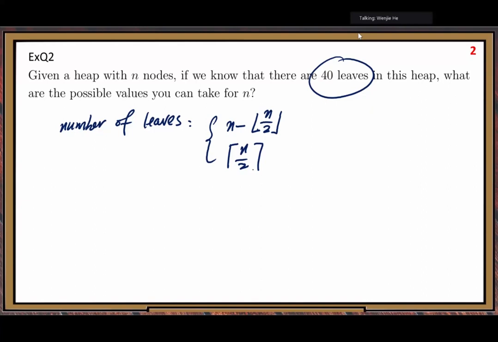So here, to get all the possible n, because you may get more than one such n, you need to find all the possible n such that the number of leaves equals 40.